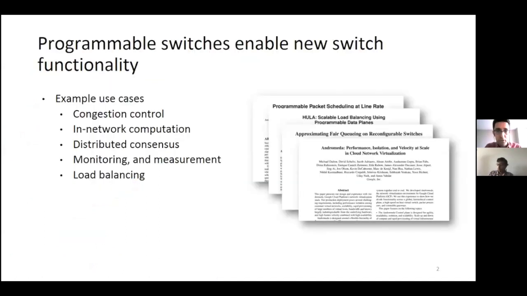Programmable switches enable new switch functionality, such as packet header modification in the data plane and in the network. Some use case examples are congestion control mechanisms, in-network computation, distributed consensus, monitoring, measurement, load balancing, and many other applications. Some of these applications are stateful.